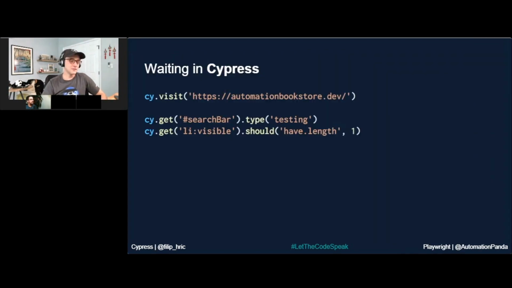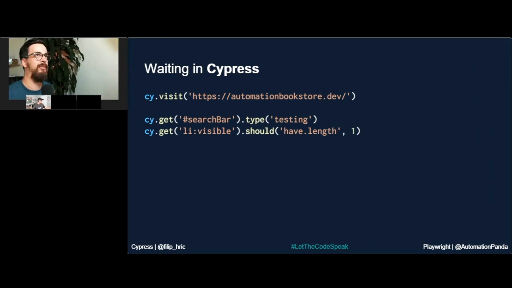So how does Cypress do this? Cypress was actually designed around this. It was built for modern web applications, so the waiting is actually automatic. Whenever you do an assertion or you try to find an element, there is a wait built into that.